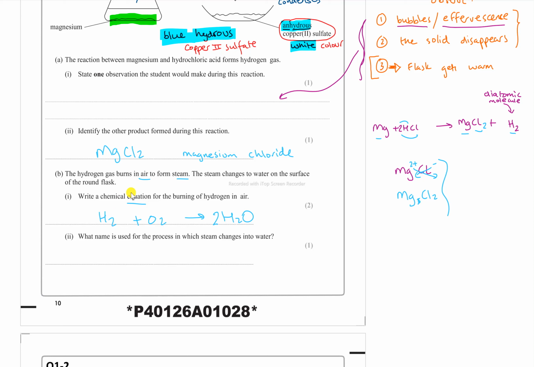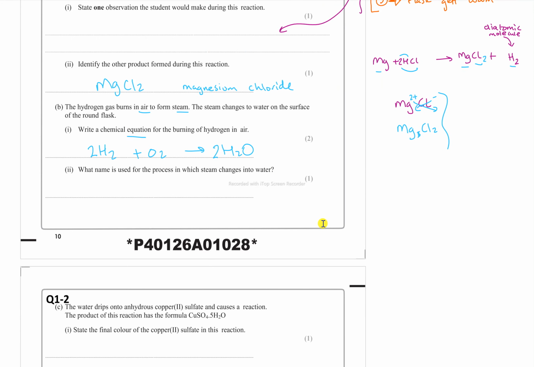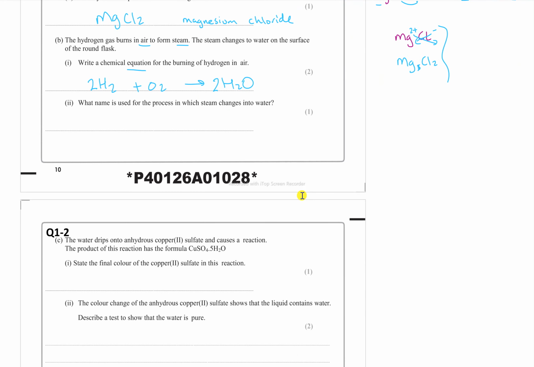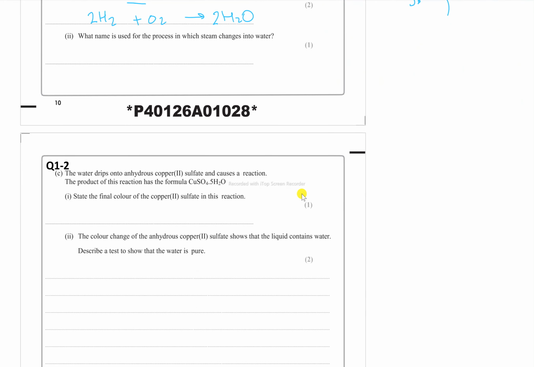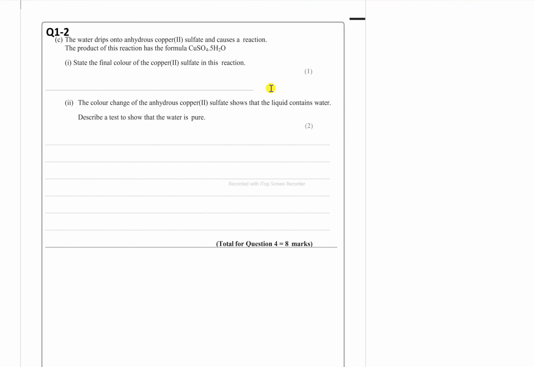So let me get that 2. That's balanced up. What name is used for the process when steam changes into water? Okay. It goes from gas to liquid, so it is condensation. There you go.